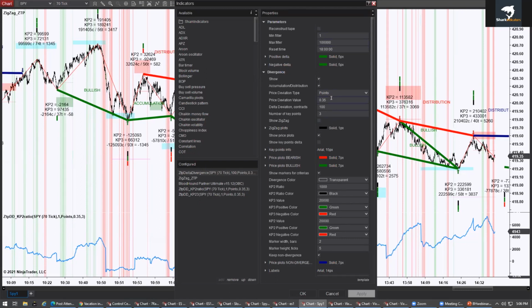But my settings on this chart are basically pretty simple. I've got a 35-cent zigzag here, which matches the 3.5 zigzag on the chart. And these are really the main indicator settings here that I look for.